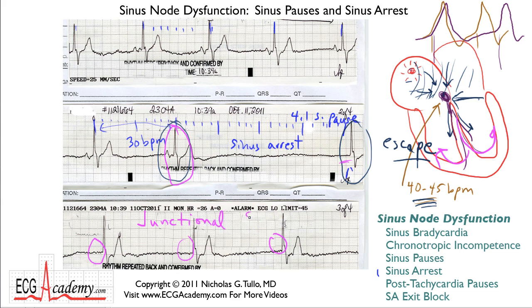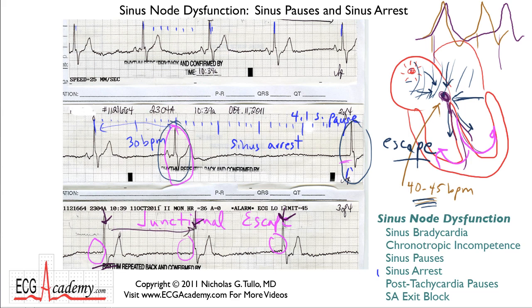A junctional escape rhythm happens when someone develops a problem with the conduction system. This can happen in severe sinus bradycardia, or in patients who develop complete AV block, which we'll talk about in the next section. So basically, these are beats that came from the AV node, firing at a slow rate.